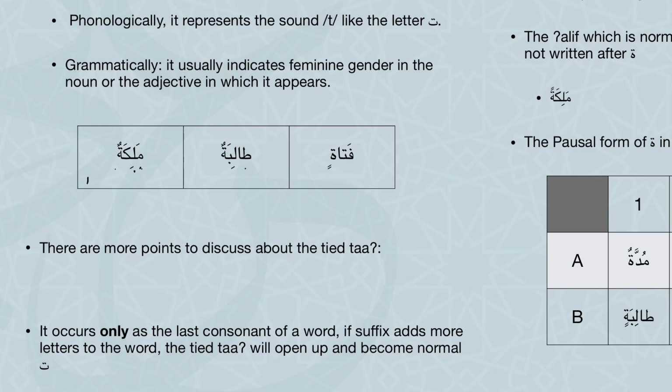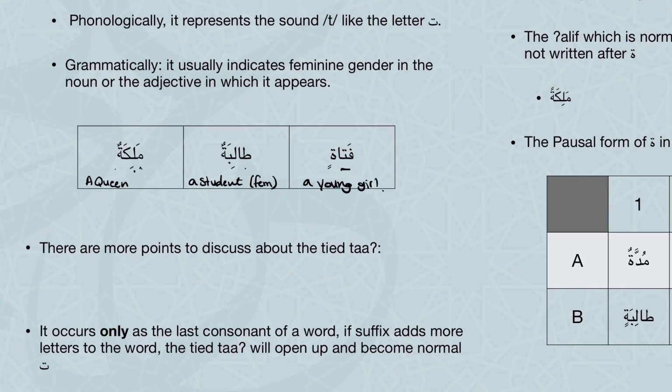This is a queen, basically. And this is a student, but I would put feminine in parentheses, as in it's basically a female student. فتاة, basically a young girl.